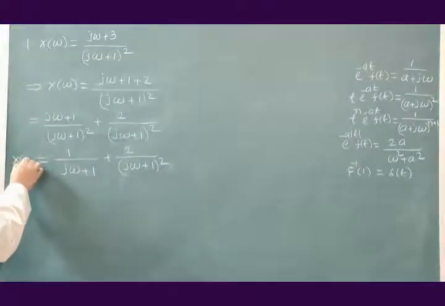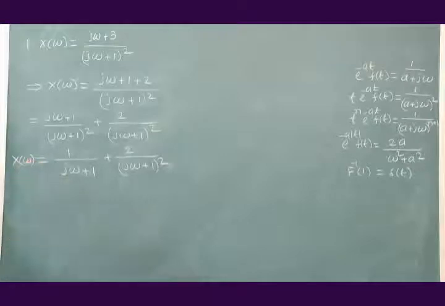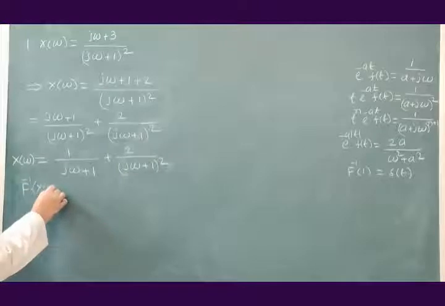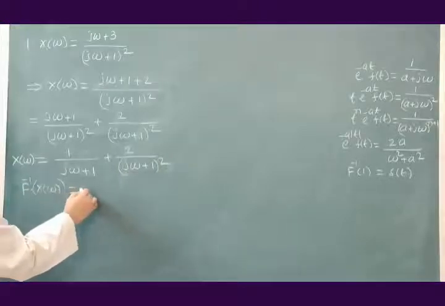This is what? x of omega. What we want is f of t, meaning f inverse of x of omega.